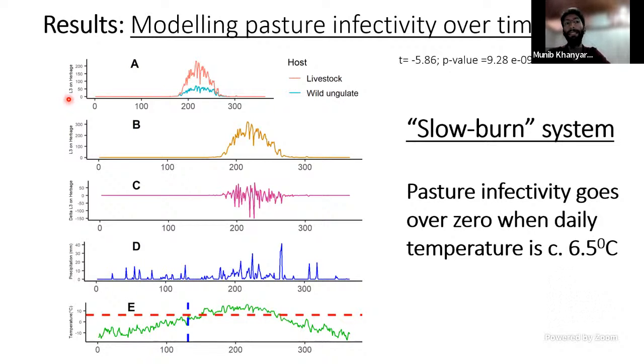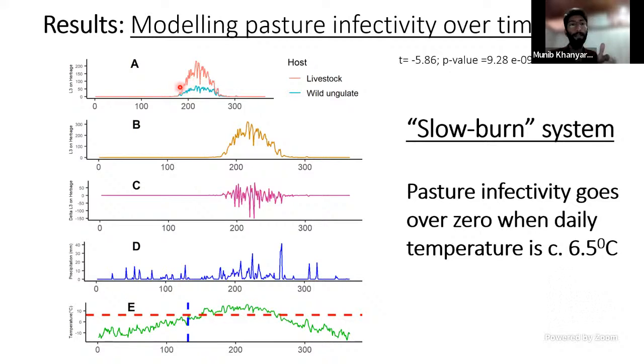For graph A, it's L3 on herbage, or in other words, how much of the infective larvae, which go back into the host, is present on pasture on that given day. As you can see, nothing much is happening for the start of the year, and it's just before the 200th day of the year, around the 6th month, where you really have this spike in livestock and in wild ungulates, in this case, the blue sheep.